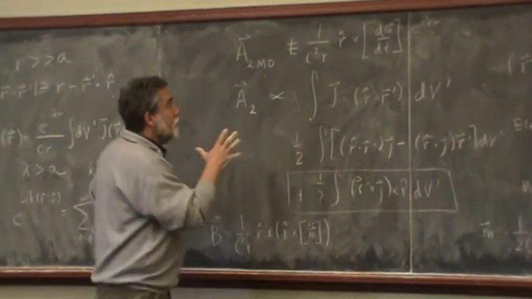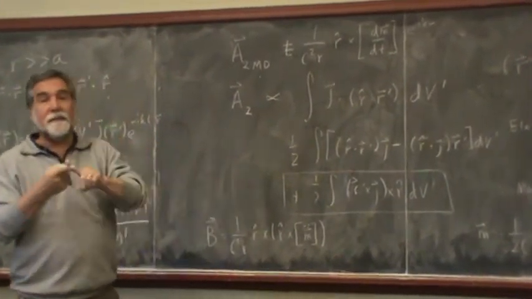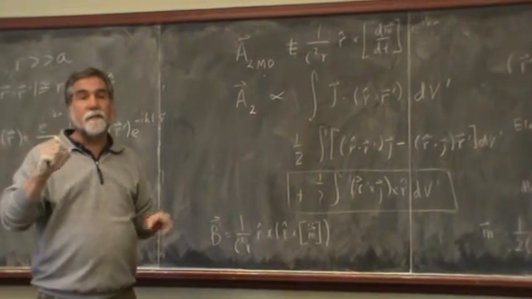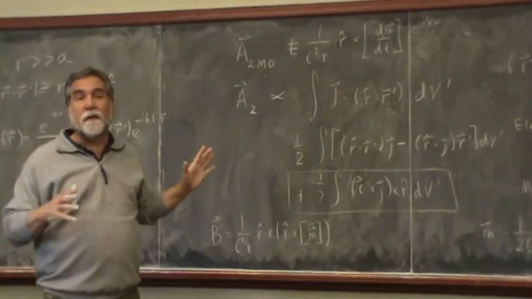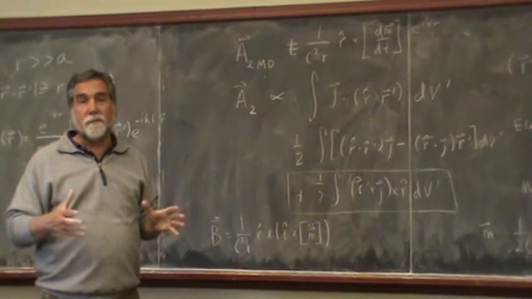So on this scale, with the assumptions that we made about the distance from the observation point and the size of the system with respect to the wavelength, what I've done here applies to a classical analysis of the radiation of atoms. Okay?